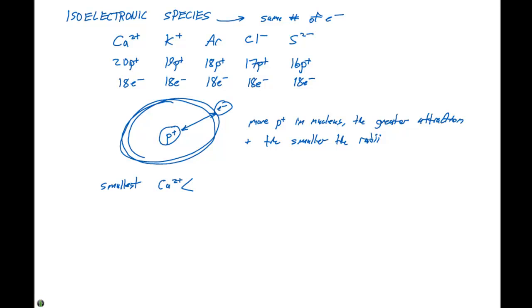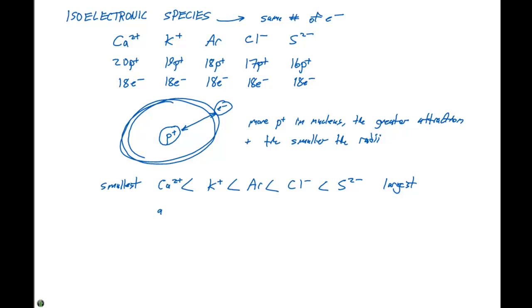The largest is going to be the species with the least number of protons, which is the sulfide. And the increasing radius is in order of decreasing number of protons. So we're going to have calcium 2+ followed by potassium plus, followed by argon, followed by chloride, followed by sulfide. So sulfide is going to be the largest in this particular species.